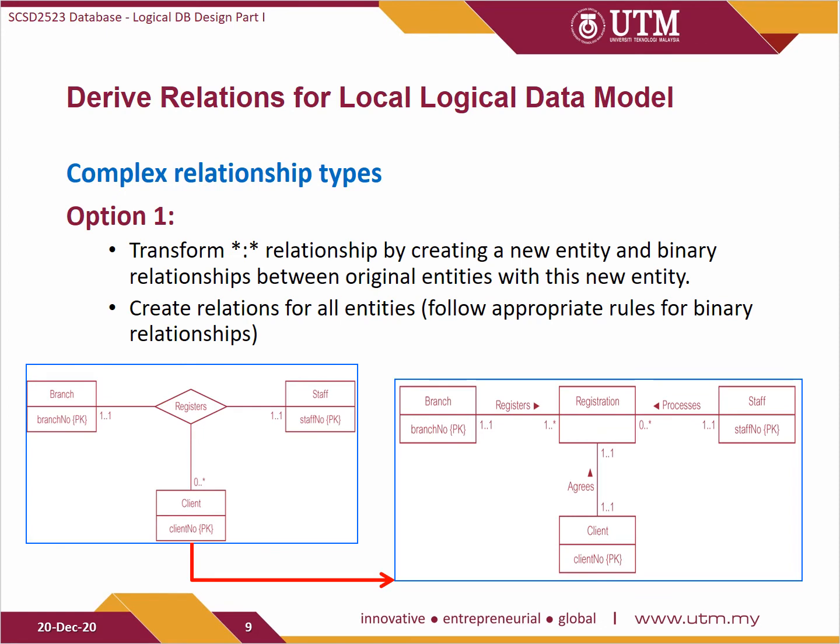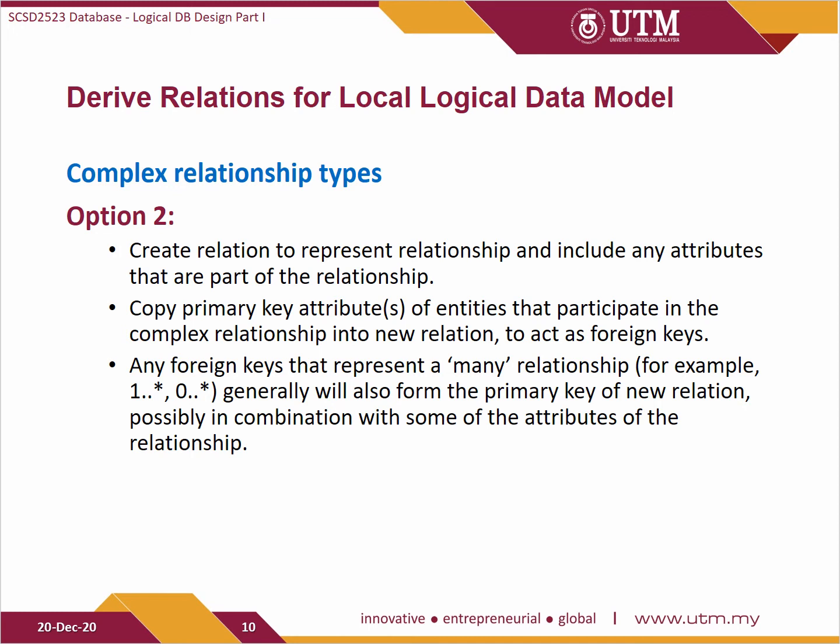Complex relationship types. For this second option of the complex relationship type, first you need to create a relation and include any attributes to be part of this complex relationship. Second, you need to have a foreign key. For this, you need to copy the primary key attributes from the complex relationship to participate in the new relation.